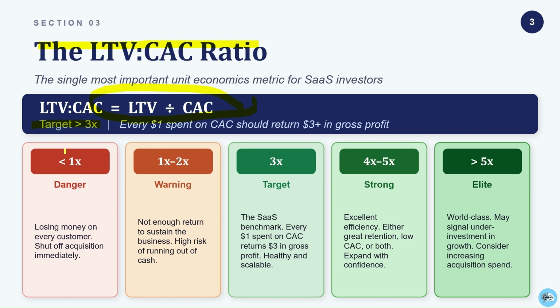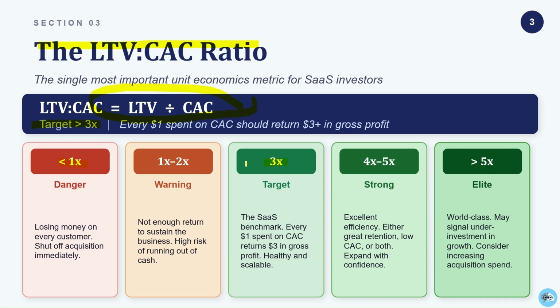If your LTV to CAC ratio is less than 1x, you are in the danger zone. You are losing money on every customer. If it is between 1 and 2x, you are in the warning zone. This means you do not have enough return to sustain your business and you are quickly running out of cash. Then we have 3x, which is the target. It is the standard benchmark which every SaaS company tries to follow.